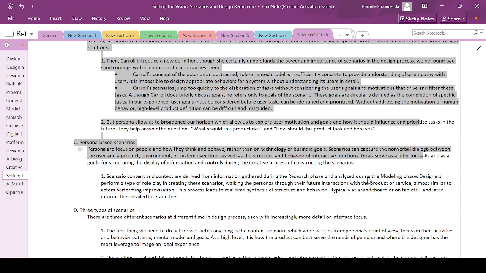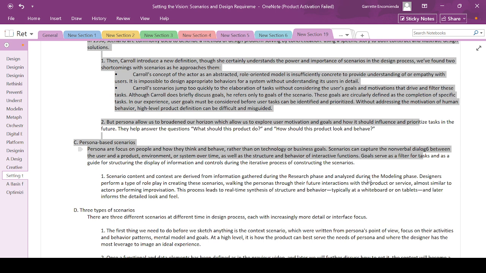But persona allows us to broaden our horizon, which allows us to explore user motivation and goals and how it should influence and prioritize tasks in the future. So we can better provide functions that are better than the current system.